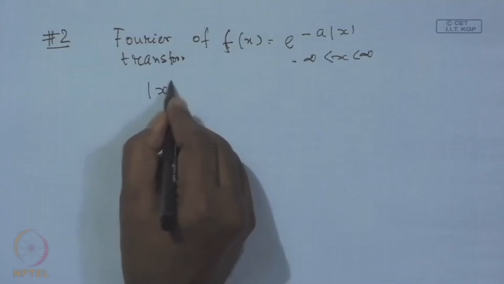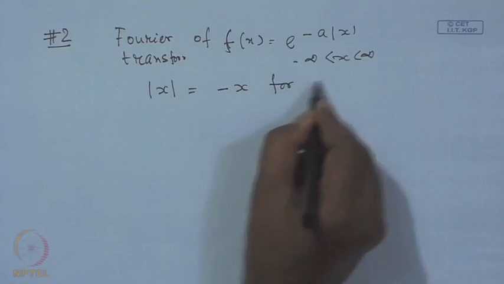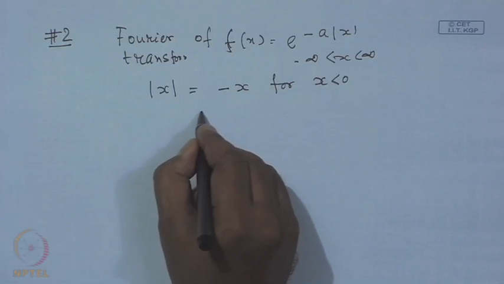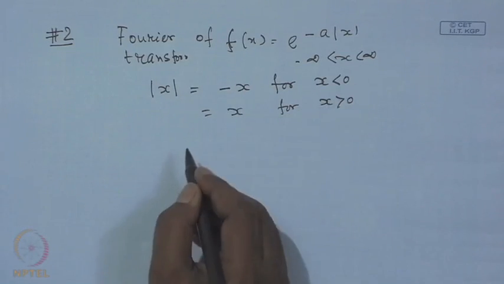So, mod of x, if you look into the definition, is minus x for x less than 0, and plus x for x greater than 0.